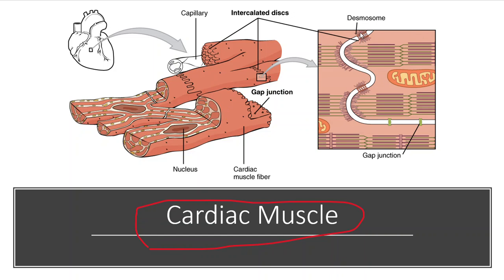They have desmosomes that hold these together, but they also have these gap junctions which allow those sodium ions to travel through from one cell to another really quickly. That's the intercalated disc right there, which joins these muscle cells together. That's really all we're going to talk about cardiac. You will pick it up later on in the next course.